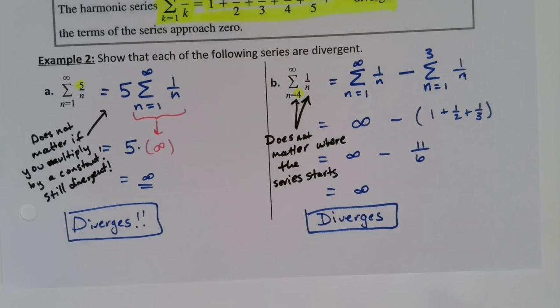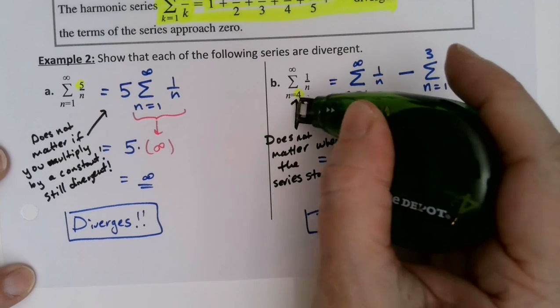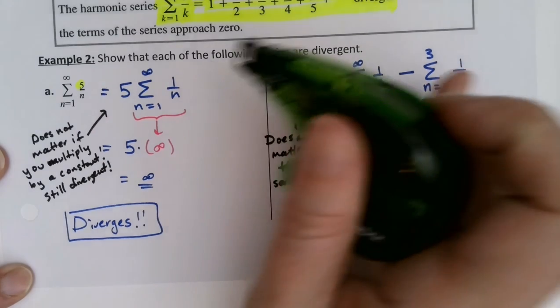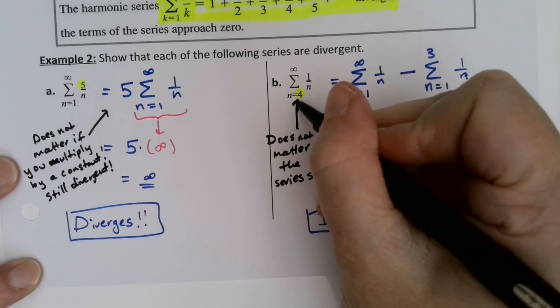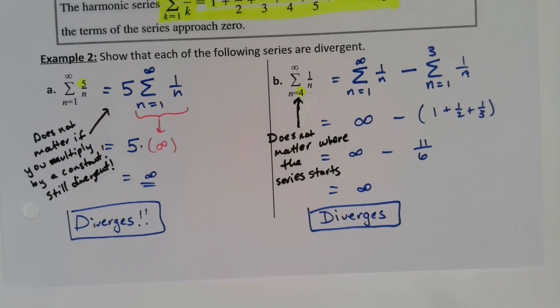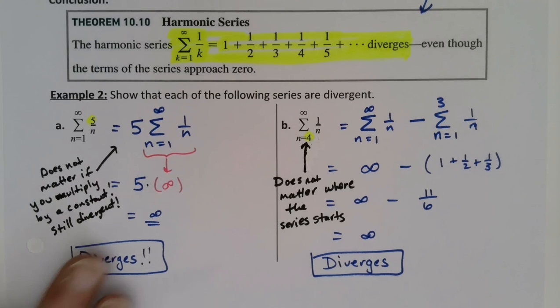It doesn't matter whether you multiply it by a constant. Even if that constant was a fraction, it wouldn't matter. It would still be divergent. And it doesn't matter where you start. If it's harmonic, it diverges. Period. And the harmonic series is a very important series.